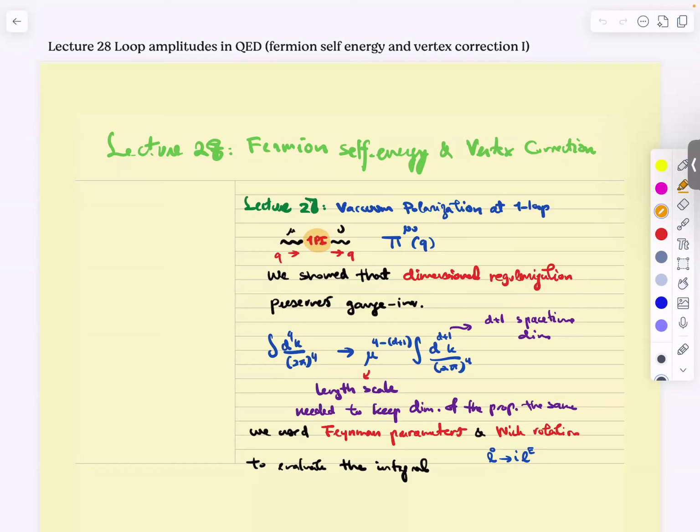So we started doing the simplest example. At one loop there were three diagrams in QED that we needed to do. The fermion loop, which is the vacuum polarization.